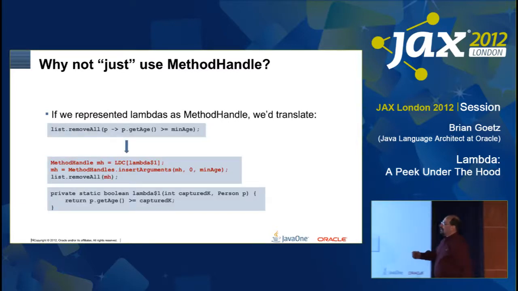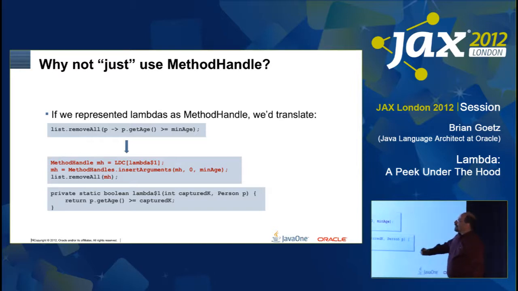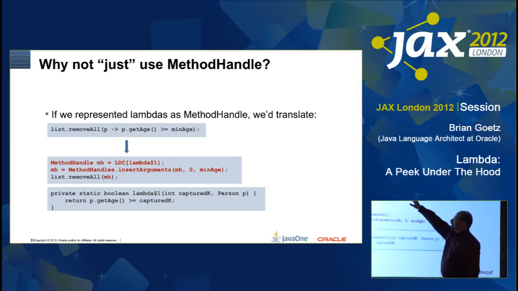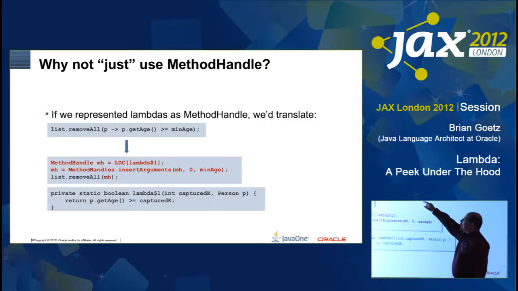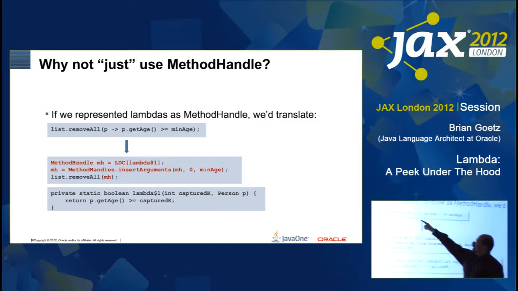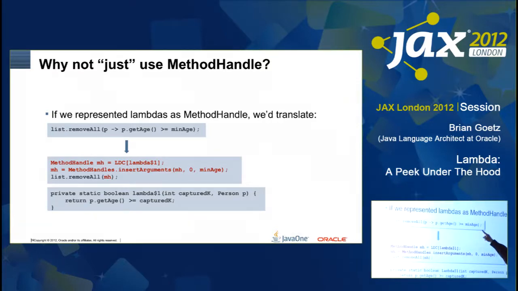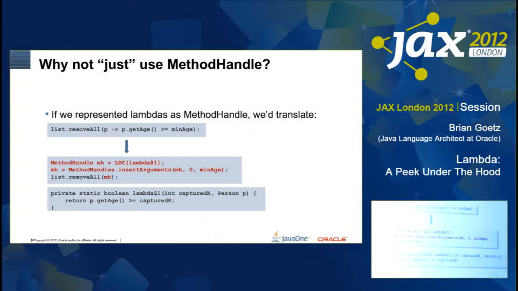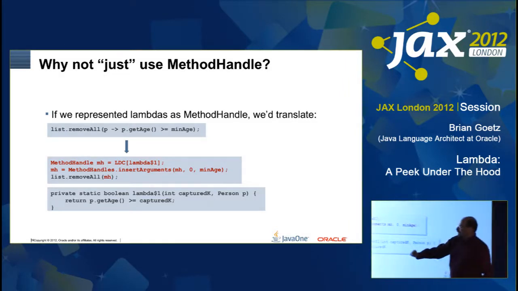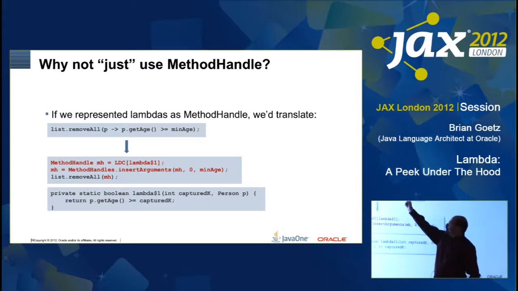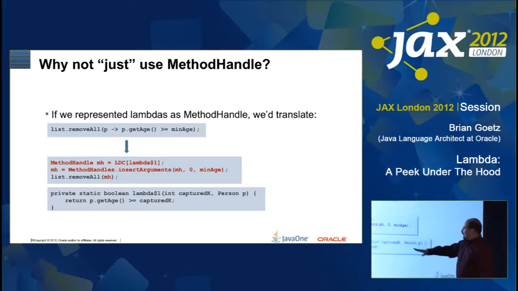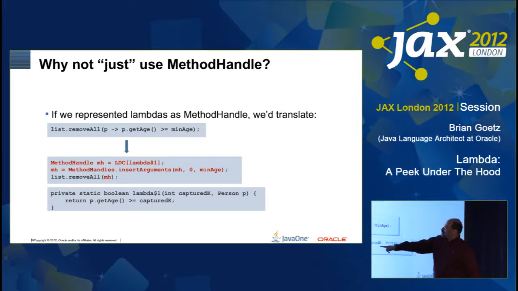The compiler behavior would be fairly straightforward. If we're translating this bit of code, we'd say, okay, let's turn this lambda expression into a separate method. We desugar it into a private static method. It returns a Boolean because predicate returns Boolean. It has an argument for person, and it has an extra argument for this captured value, because min age is captured from the context.